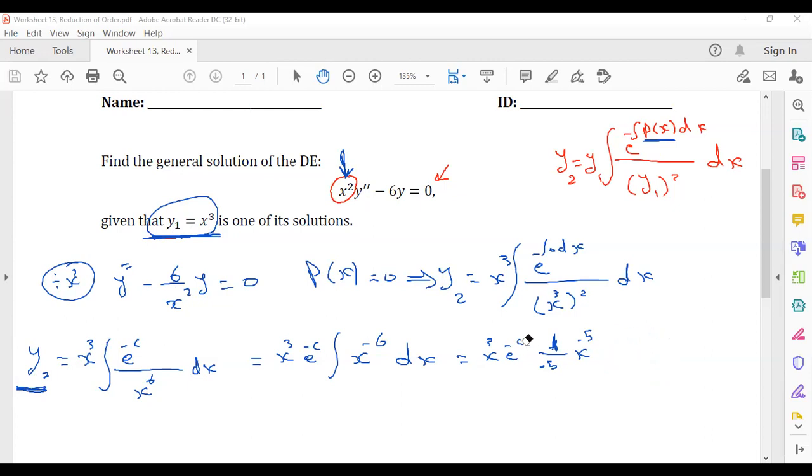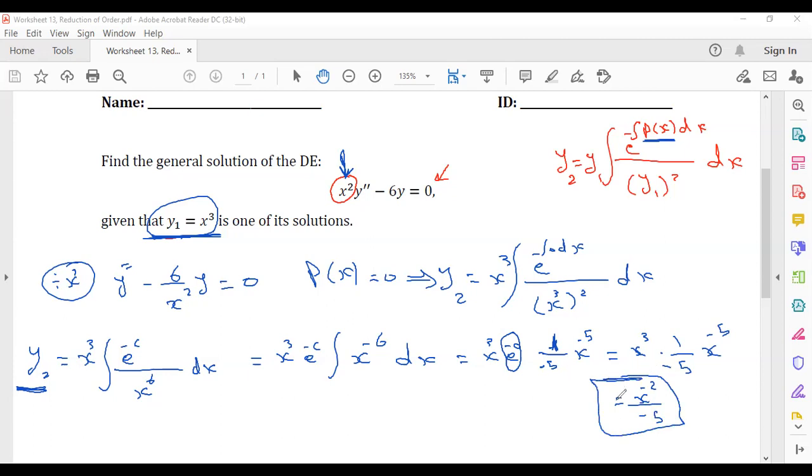I'm going to choose my c here to be 0. So here I'm going to write e to the negative 0, which is 1. So now I have x to the power 3 times 1 over negative 5 x to the negative 5, which is x to the negative 2 divided by negative 5. So this is a particular solution.